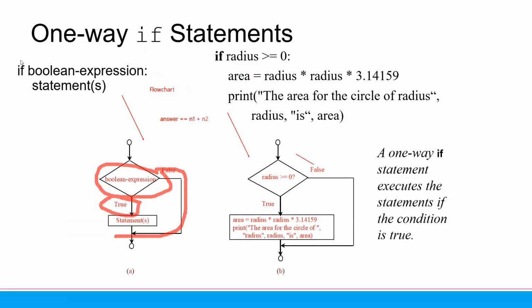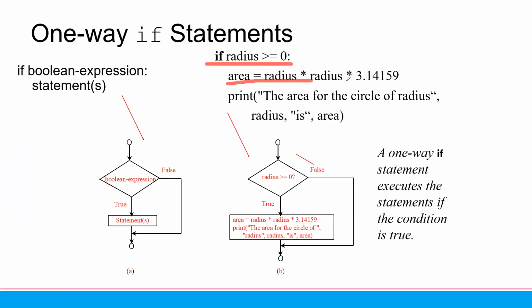So let's see. I have a condition: if the radius is greater than or equal to 0, then do this statement. Area equals radius multiplied by radius multiplied by pi. And then print the area of the circle is something.